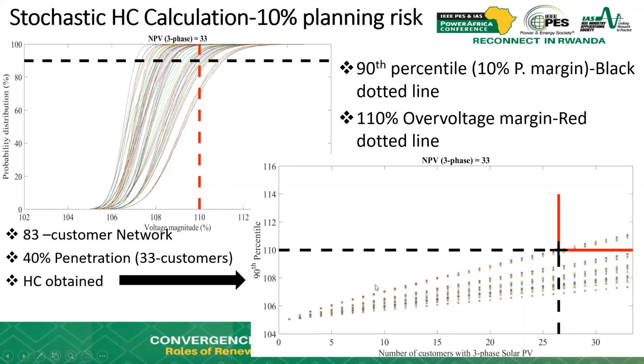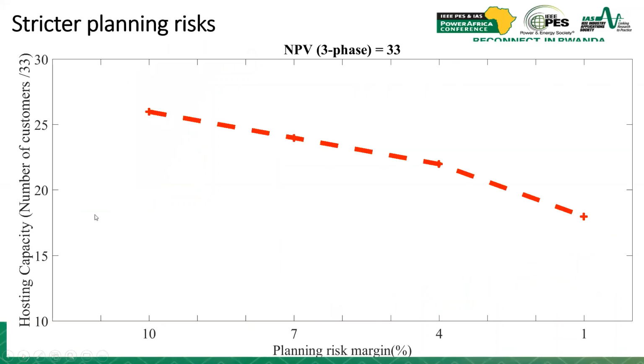The number of customers without violation, denoted by this threshold here, gives us the hosting capacity. Now we are showing the planning risk margin, so a DSO can either be strict or not strict with the planning risk.